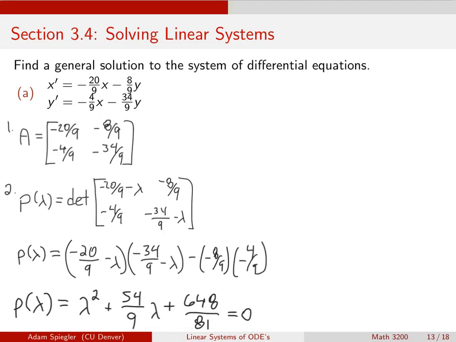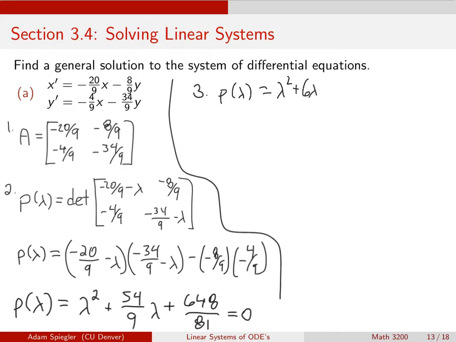So that's the third step, would be to find the so-called eigenvalues, the values of lambda that make that characteristic equation 0. So this characteristic equation, we've got P of lambda is equal to lambda squared, and then the 54 over 9, that's just 6 lambda, and the constant term is 8.